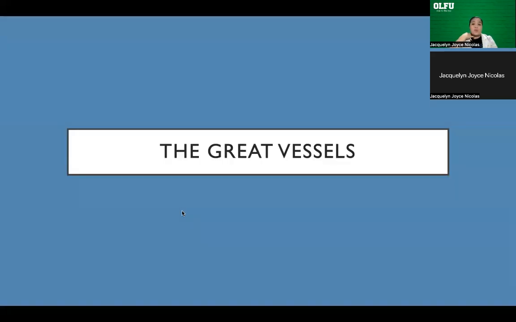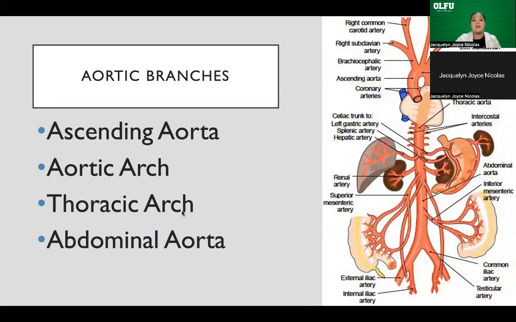Let's also be familiar with the major blood vessels. Of course, with the artery, we are pertaining to the aorta. Our aorta has 4 major branches. You have the ascending aorta, ascending pataas. So this is our ascending aorta.